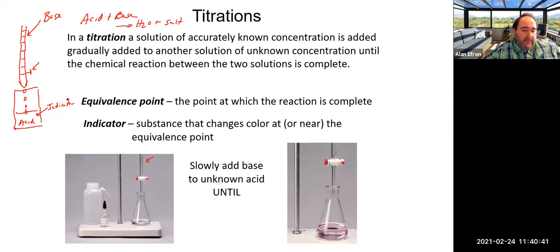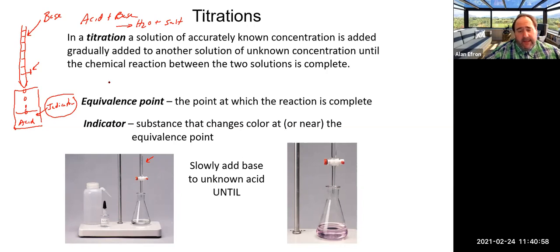And as we do this, we usually use the indicator to let us know when we've reached what is referred to as the equivalence point. The equivalence point in an acid-base titration is the point where the reaction is really complete.